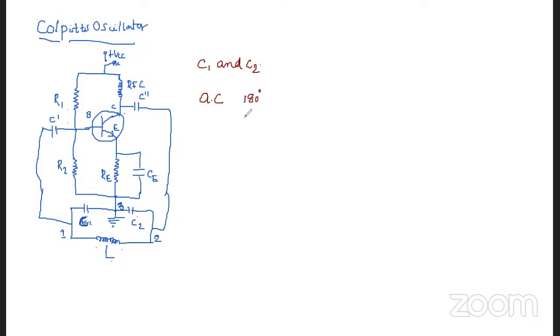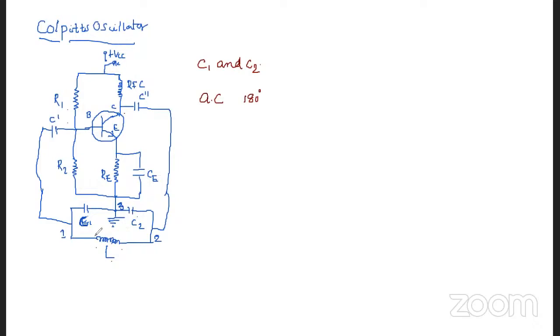This is because terminal 3 here is earth, which is at zero potential. When terminal 1 is at positive potential with respect to 3, terminal 2 will be at negative potential with respect to 3.